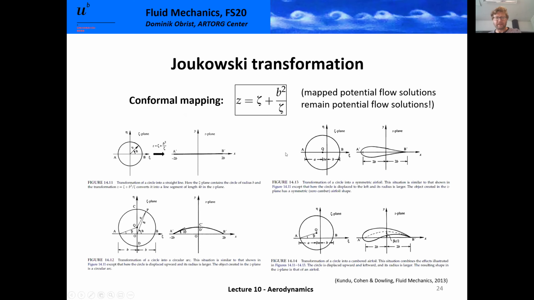If instead of a circle which is at the center, at the origin of the coordinate system, we shift the origin a little bit to the left, and again we do a mapping of this circle with the same function, the mapped shape now already looks quite a bit like an airfoil.